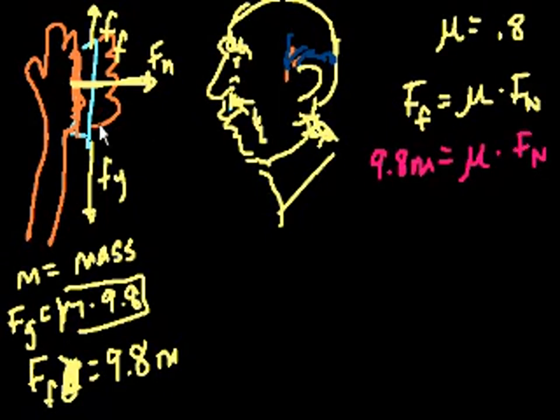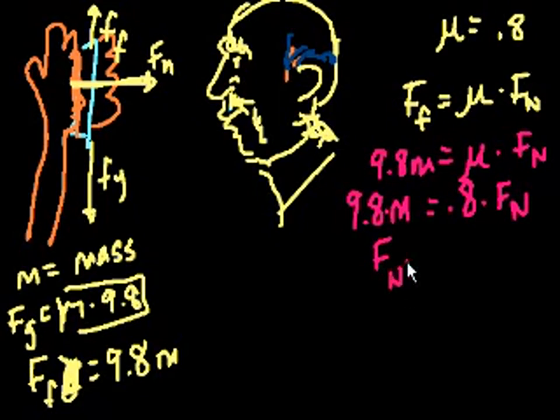Remember, the normal force is essentially the force that I'm pushing the pie with. And we know the coefficient is 0.8. So we have 9.8 times the mass is equal to 0.8 times the normal force. Then the normal force is equal to 9.8 times the mass divided by 0.8.